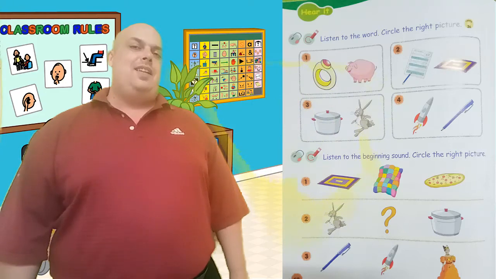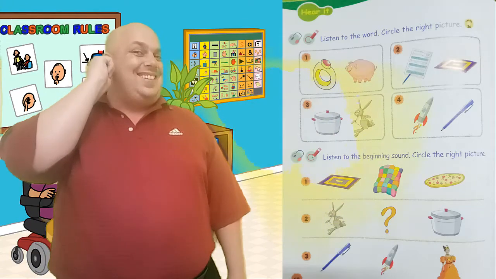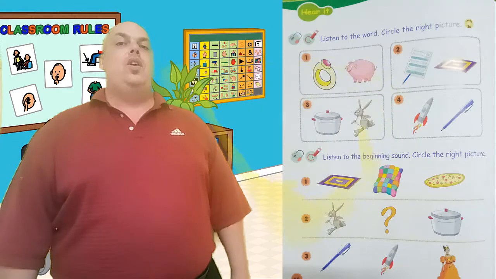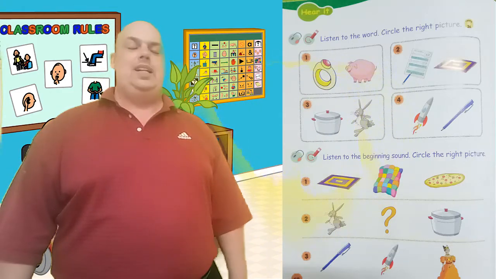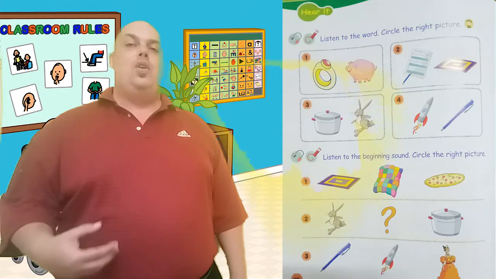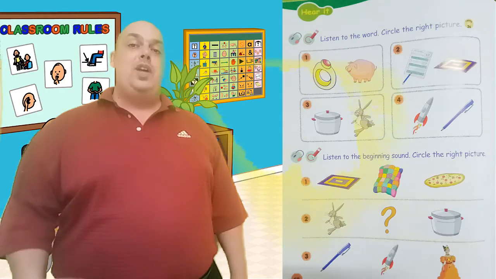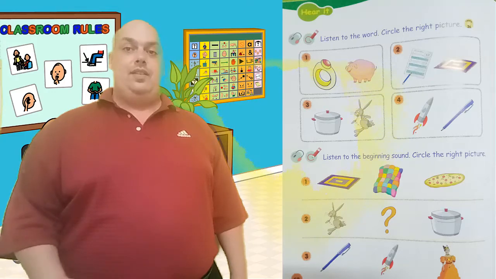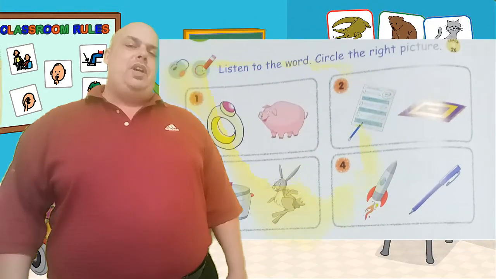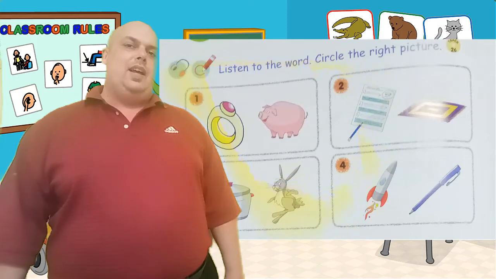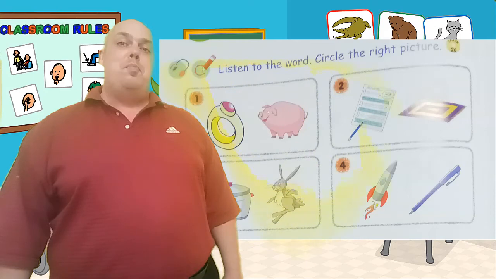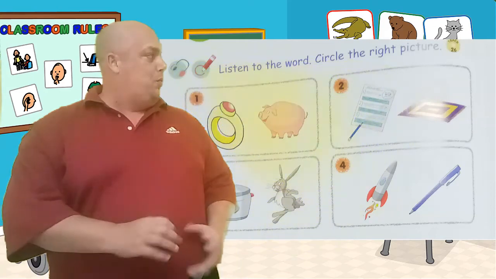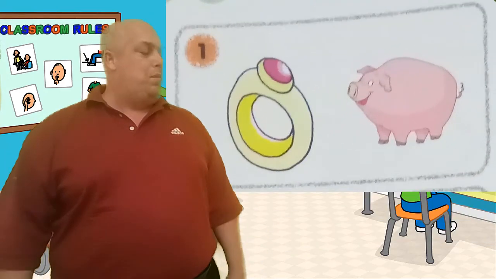Now this is a listening page, so I will try to go slow so you can follow me and circle the correct answers. Because this is a listening exercise, I'm only going to show you the example for the first box. So let's make that first box even bigger so you know what box we're at.